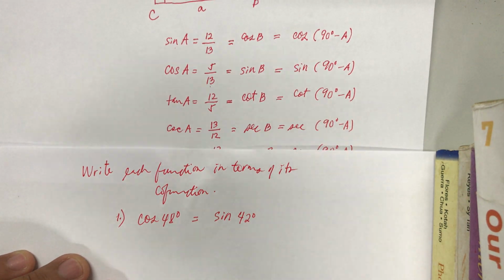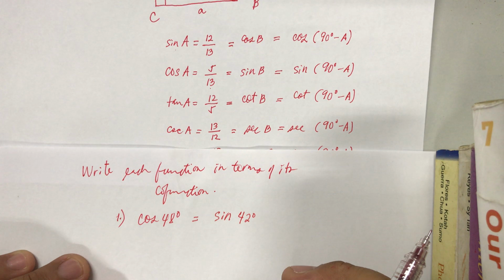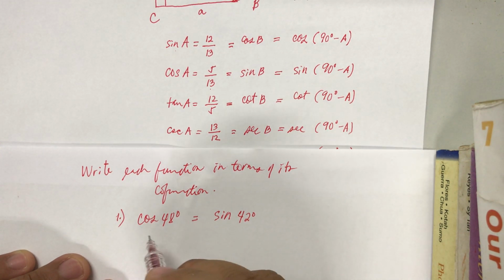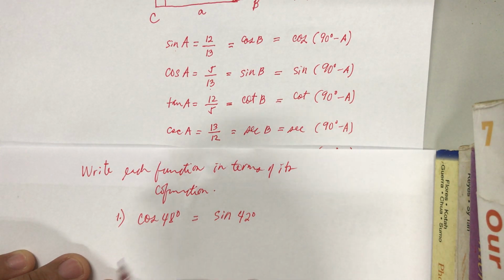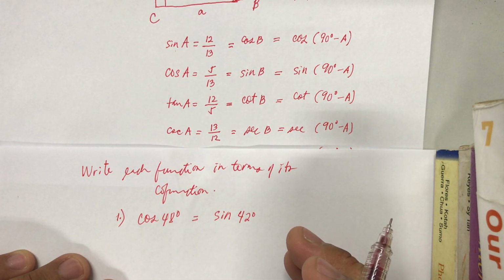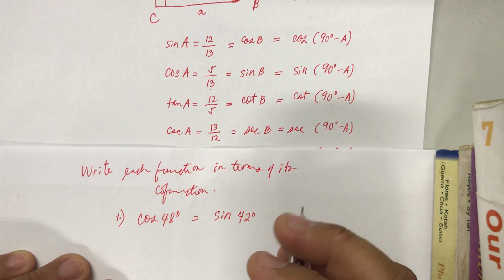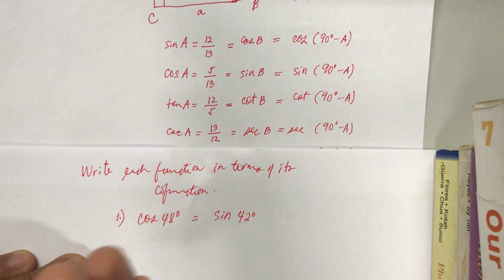At home, when you use your scientific calculator, you may verify whether or not cosine 48 degrees is indeed equal to sine 42 degrees. How do you do that? You input cosine 48 degrees in your scientific calculator. Set that aside. After that, you also input sine 42 degrees. Later, you compare the values.